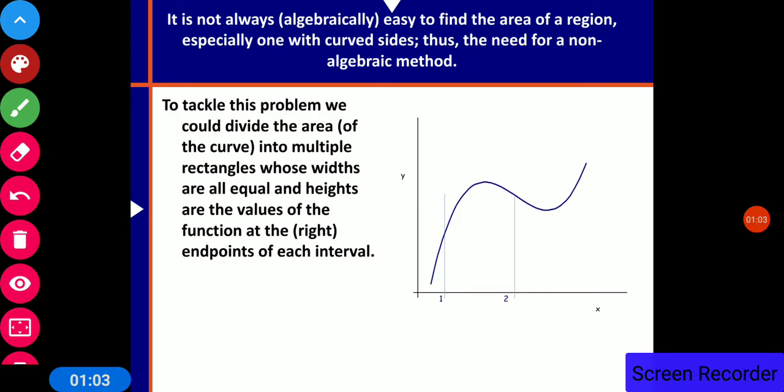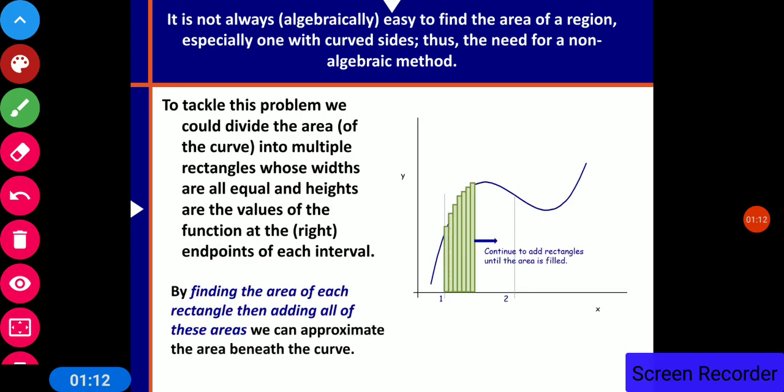To tackle this problem, we could divide the area of the curve into multiple rectangles whose widths are all equal and heights are the value of the function at the right endpoints of each interval. By finding the area of each rectangle, then adding all the areas, we can approximate the area beneath the curve.